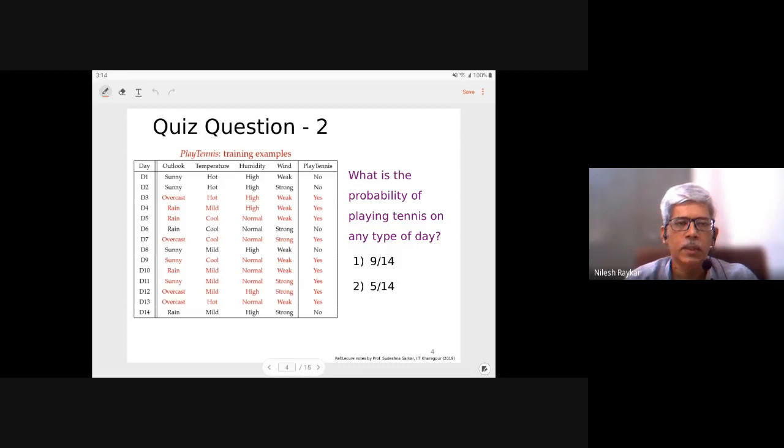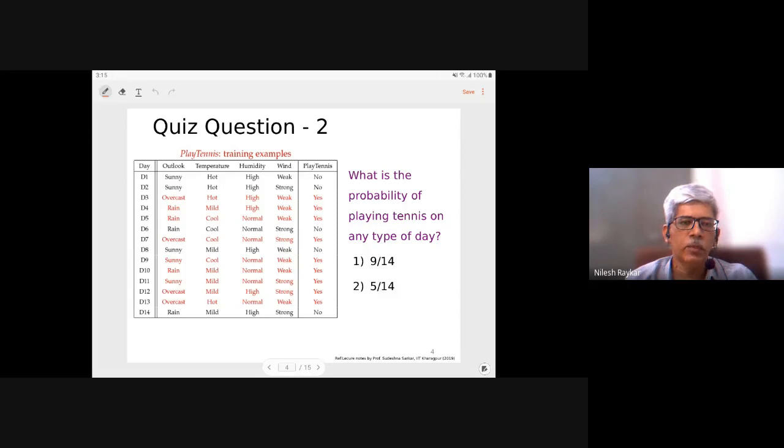Let's say you are representing a sports club and you want to know how many people will come on a particular day, and then accordingly you plan your activities. In such a case, one would like to predict, for any combination of these 4 features, the probability of people preferring to play or not, based on the available data.